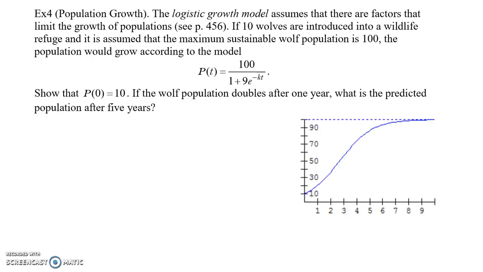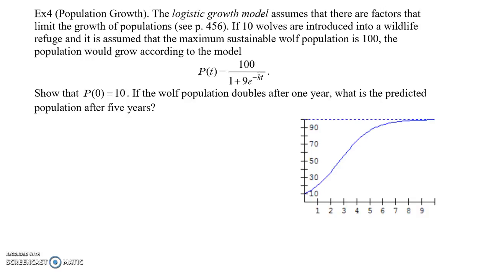And you can see that the population begins to level off, and the rate of growth slows down as the population approaches what's called the carrying capacity, which is the maximum sustainable population. And you can see that occurs at 100, and that there's a horizontal asymptote at that population.